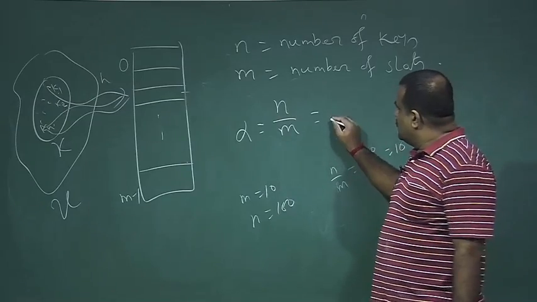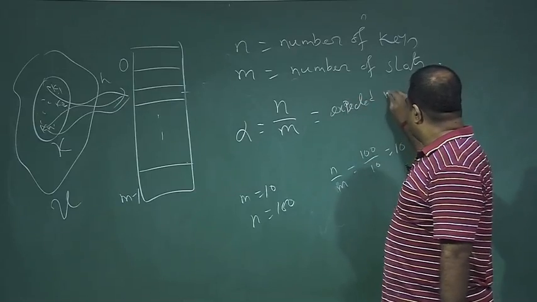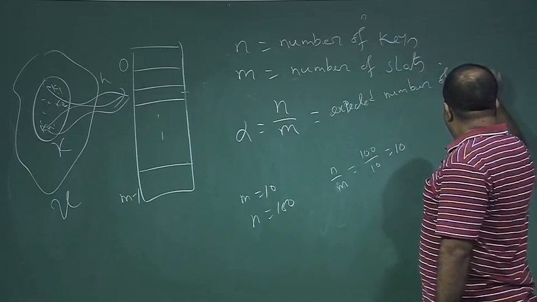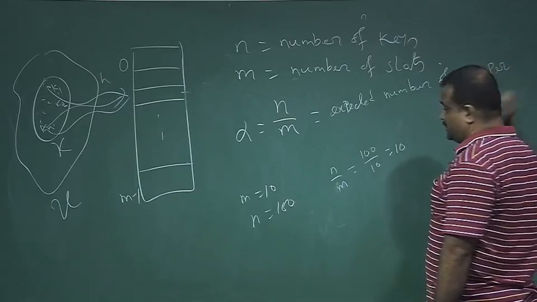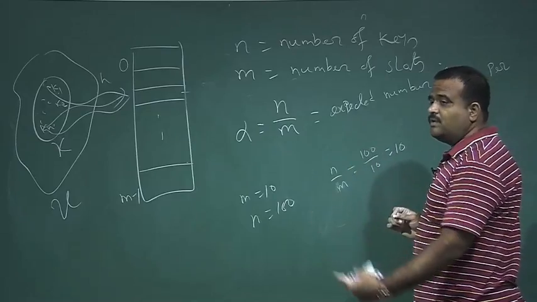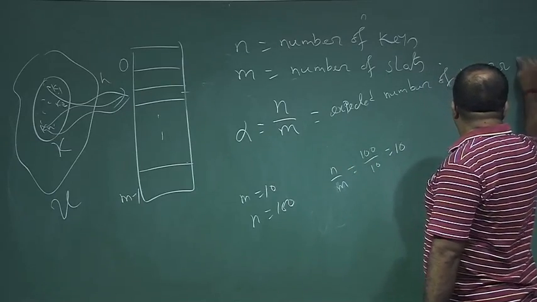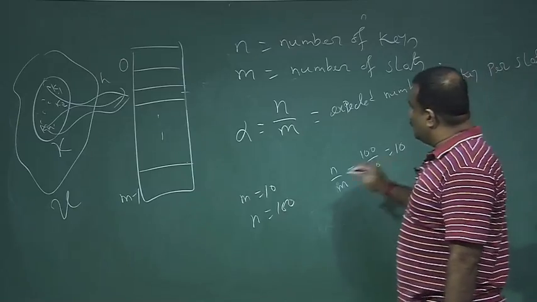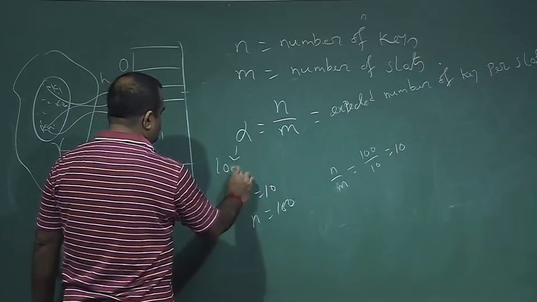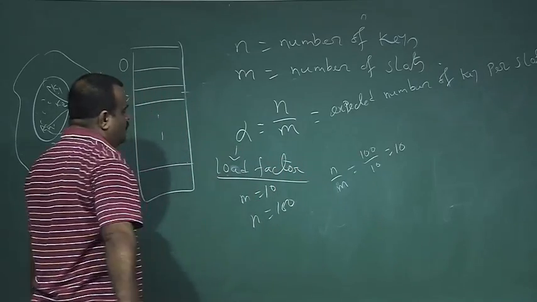This is called the expected number of keys per slot, if our hash function is a good hash function in the sense that it distributes the keys uniformly among the slots, and this is called the load factor.